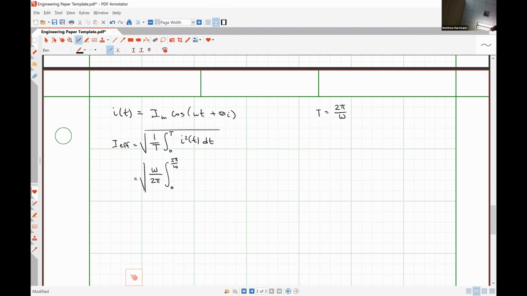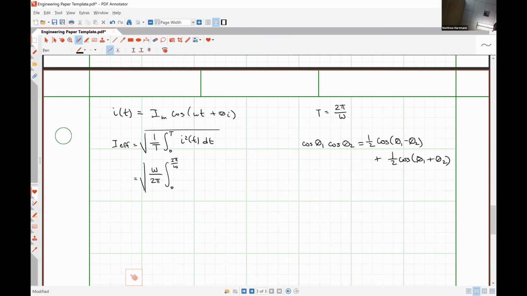So when we square our cosine function, we're going to use that trig identity again: cosine theta 1 times cosine theta 2 is equal to 1/2 cosine of theta 1 minus theta 2, plus 1/2 cosine of theta 1 plus theta 2.